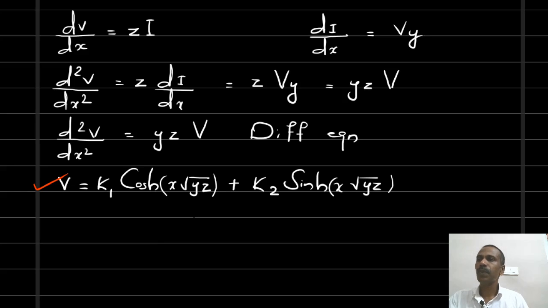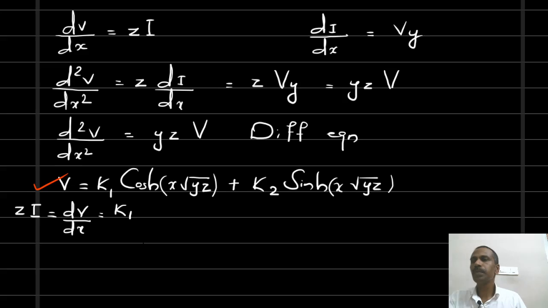Similarly, we have to write an expression for the current. From this equation we can find an expression for the current. zI equals dV by dx. It is equal to the differential of this voltage equation.